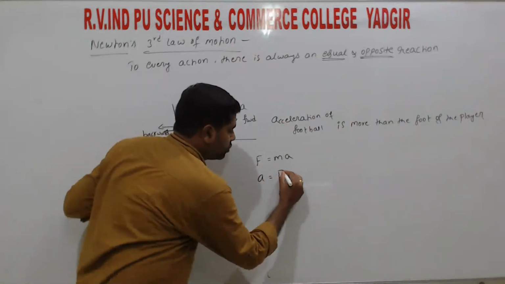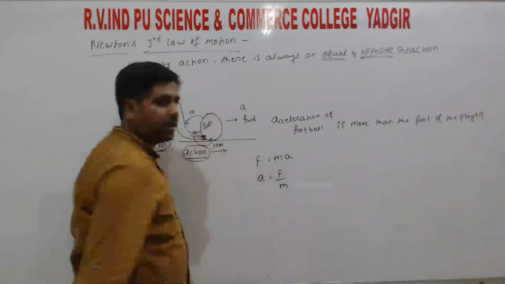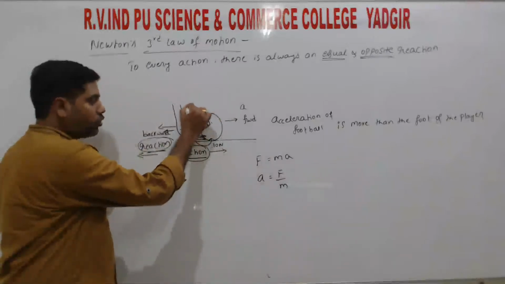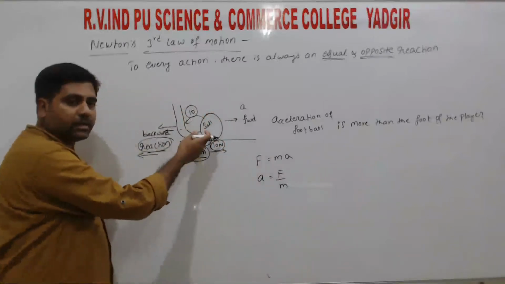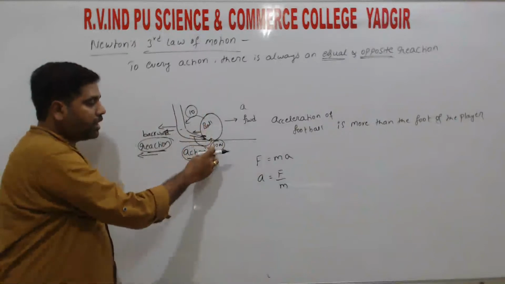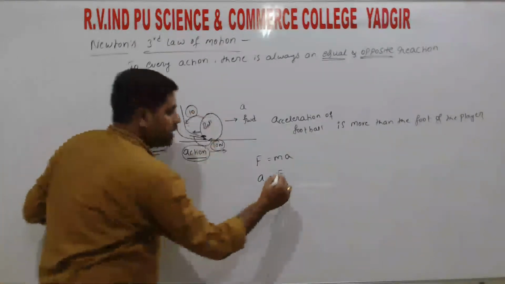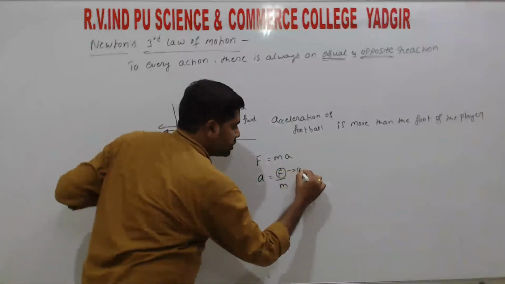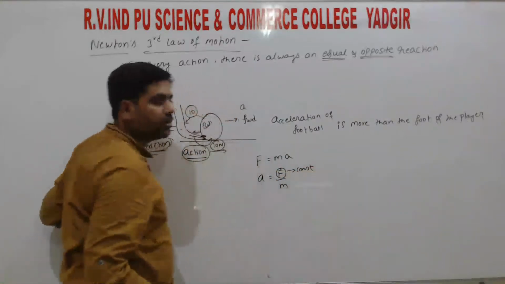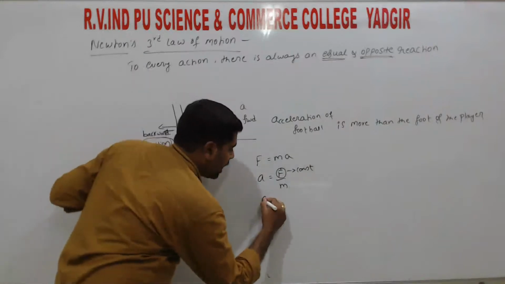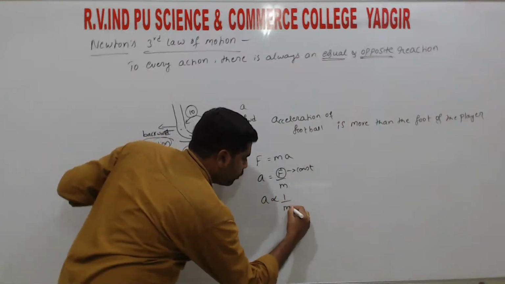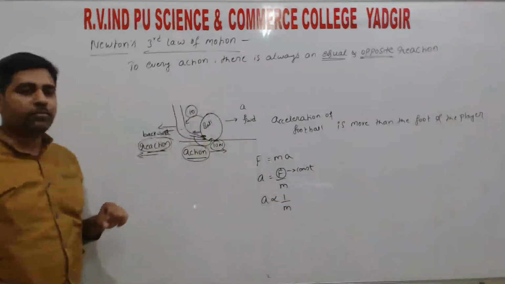So a is equals to F divided by m. The force we are applying on the two objects is the same. The force acting on the ball from the leg is the same as the force acting on the leg from the ball. That means this F is constant, right? So if F is constant, then acceleration is inversely proportional to the mass, right?